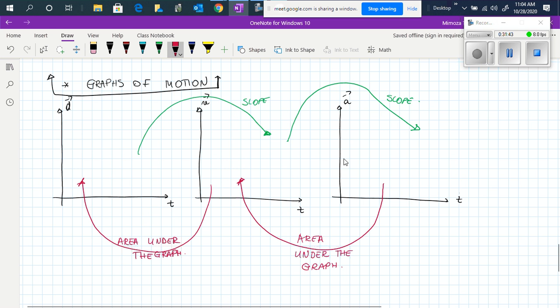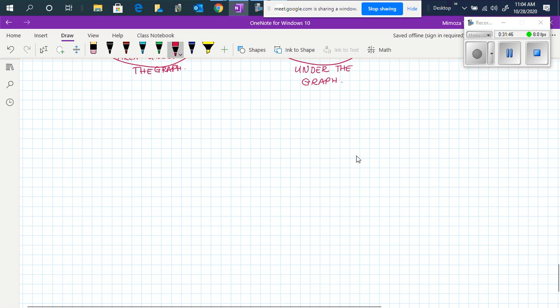Okay, now when we classify motion, the two types of motion that we see the most are uniform motion and non-uniform motion. So now, how will those two types of motion look on the displacement time graph, velocity time graph, and acceleration time graph?